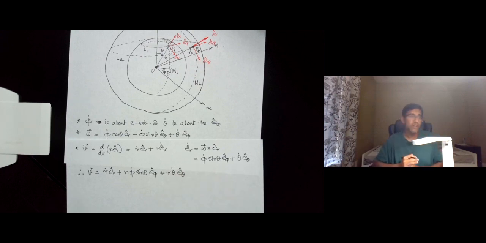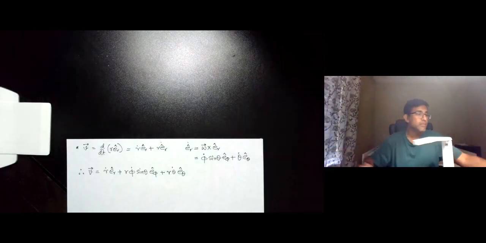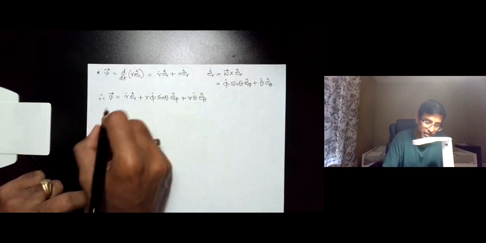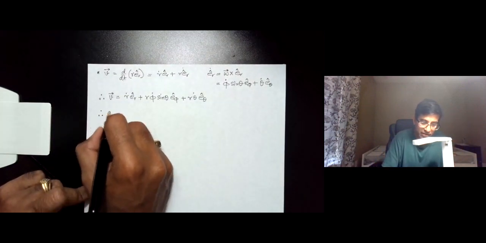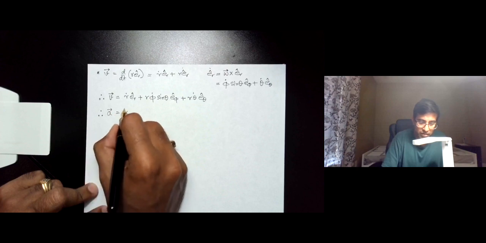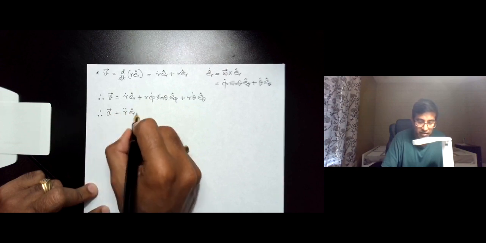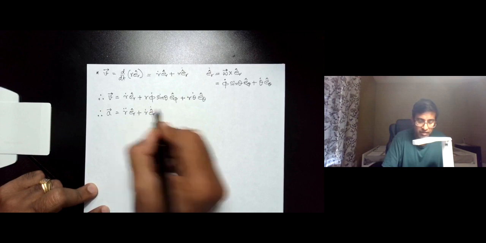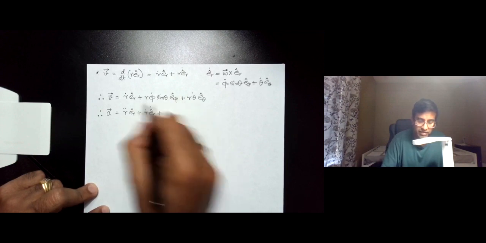Right, so that's the velocity, and to get the acceleration, you would simply have to carry out a derivative. So acceleration is equal to R double dot ER plus R dot ER dot plus, now let's take the derivative of this.